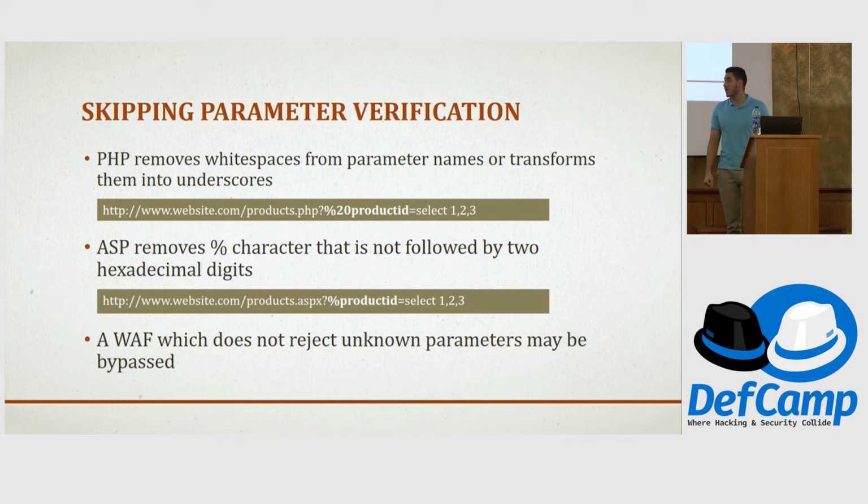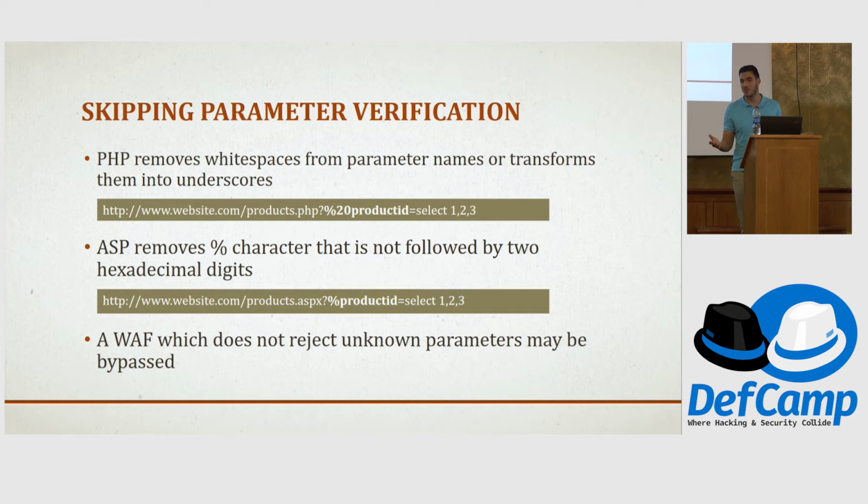The same applies for ASP, which removes a % character that is not followed by 2 hexadecimal digits. So again, we have the example website.com/products.aspx?%productID. Again, what does the WAF see? It sees %productID.